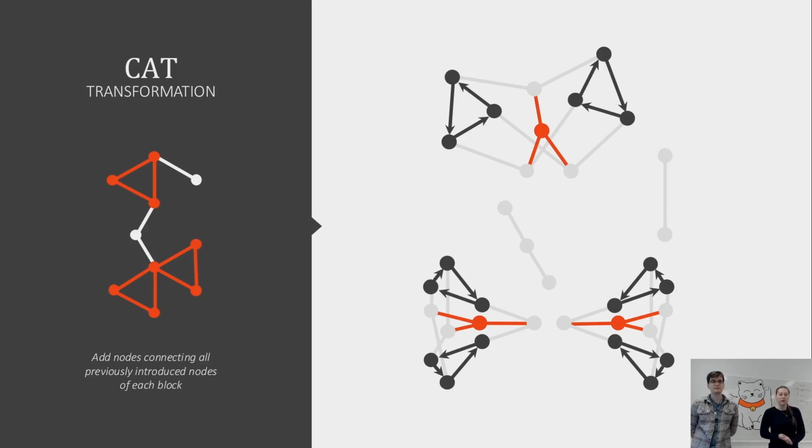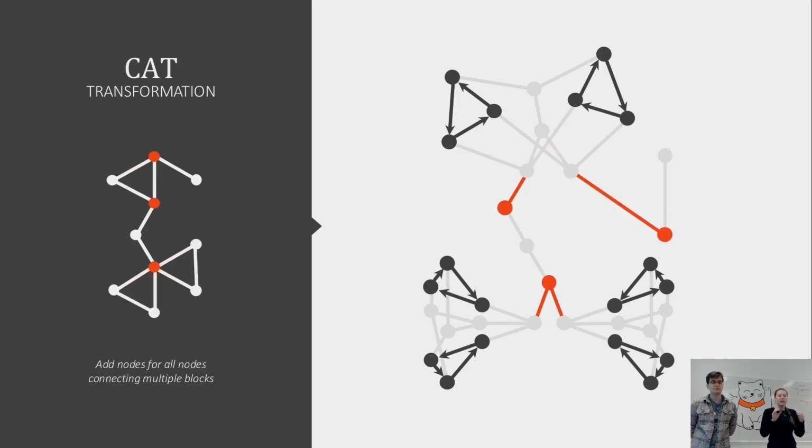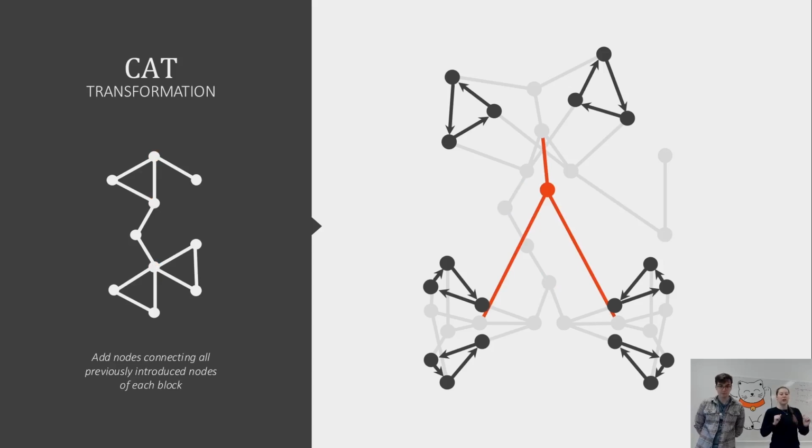After that, we still are left with some connections that were in the original graph, but that are missing now. So we might have some nodes that appear multiple times in CAT, and we connect those. And after that, because now the graph might have a much larger diameter, we add a node that connects all of those block pooling nodes we added earlier, just to make the diameter more manageable.